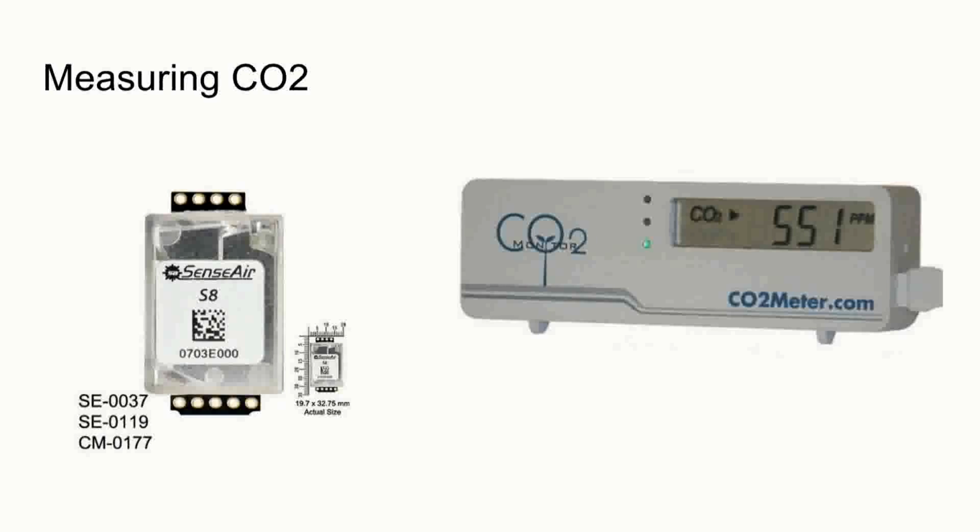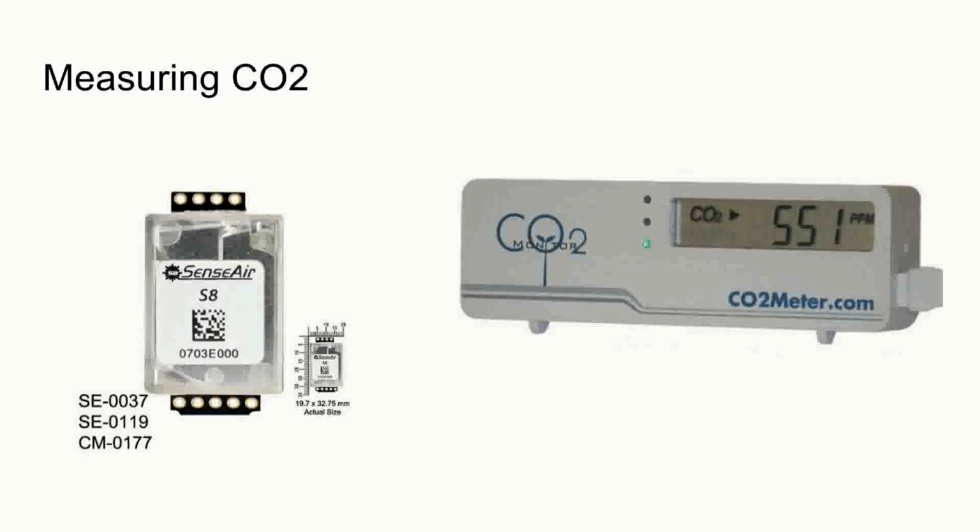I measure CO2 2 different ways. The sensor on the left is the Sensor S8. I have the residential version. The commercial version is probably better, and I wish I would have gotten that one. It has a bit of a wider range that it can read.